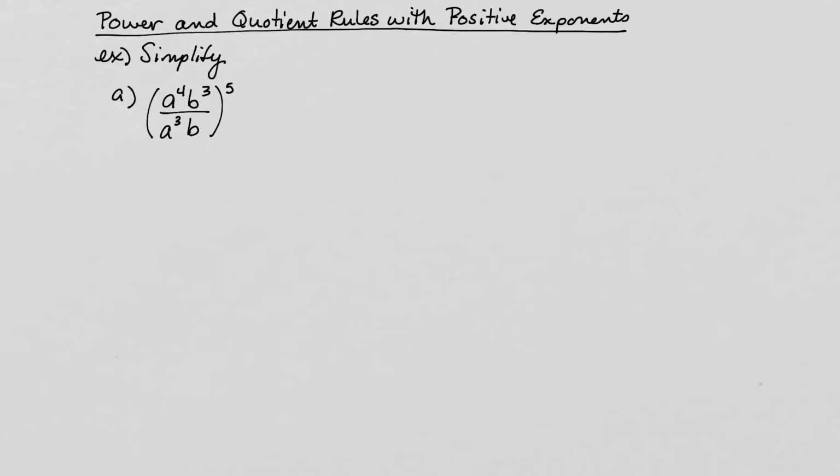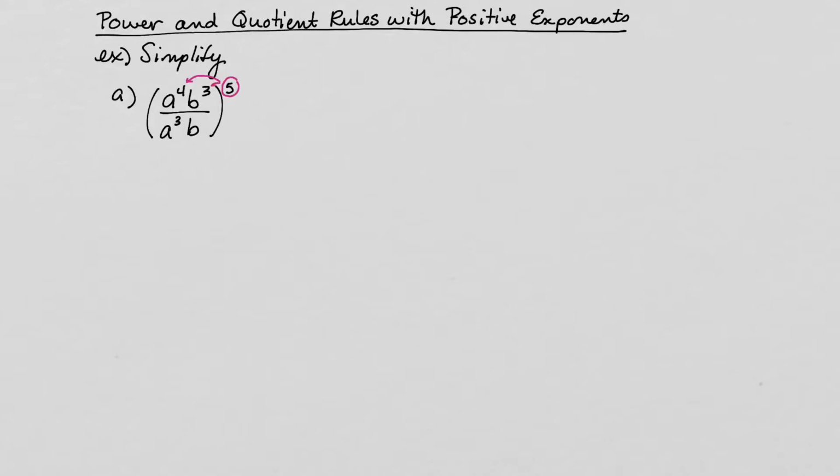Now, there's lots of ways to do these problems, and there's not really a right way. There's not just one way to do the problem. But I do follow the one way that I do the problem every single time. What I do is I first take this exponent here and I distribute it to each of the pieces.